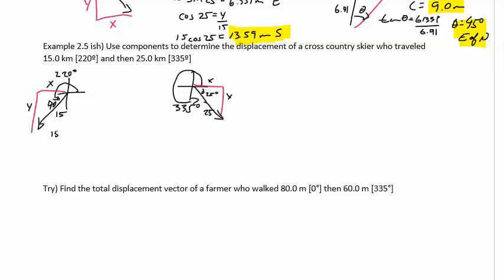So this will be 15 cos 40 to get the x component, and 15 cos 40 is 11.49 for that x component, and 15 sine 40 gets you 9.64 meters south and west.